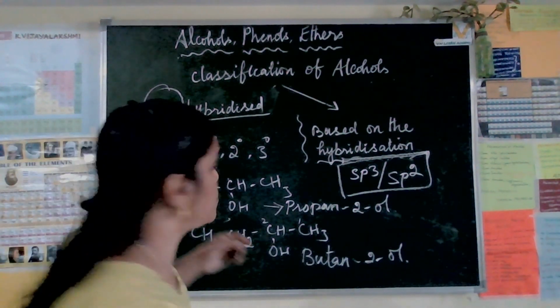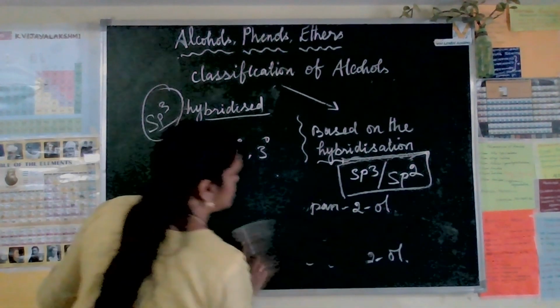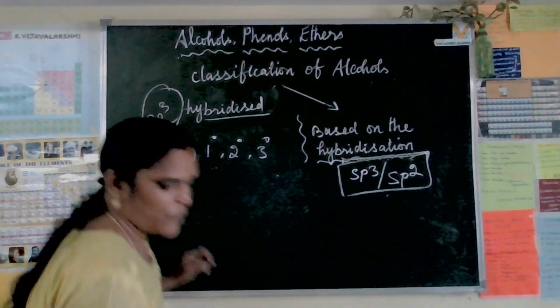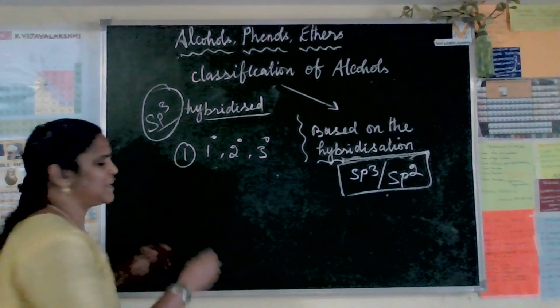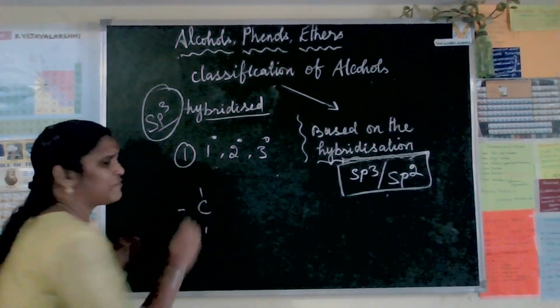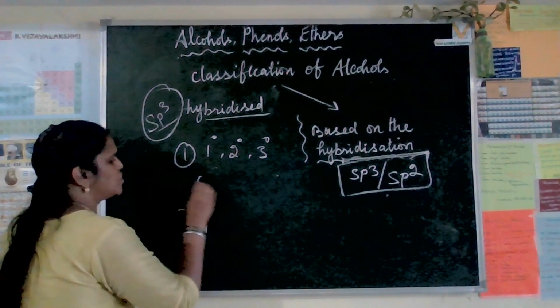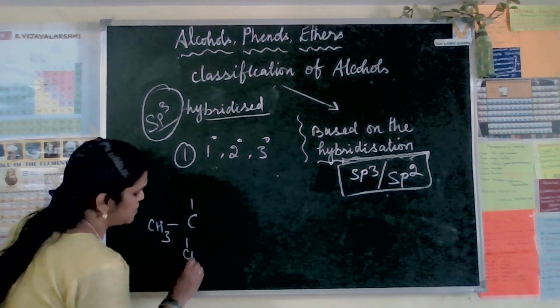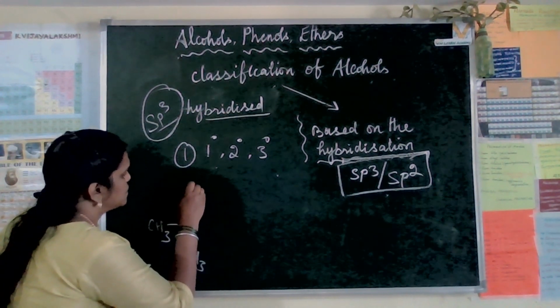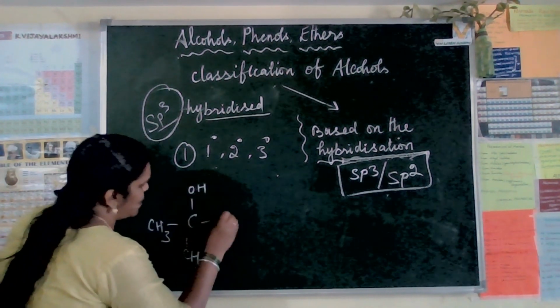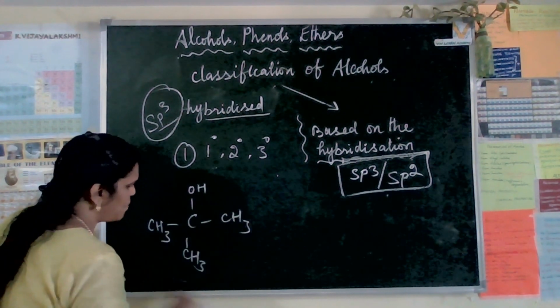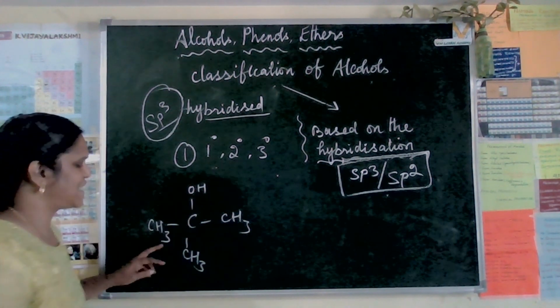Okay, now next one, tertiary. How can you recognize tertiary? It's very simple. One carbon is attached to bulkier groups, as you have mentioned a number of times in the SN1 mechanism. So CH3 here, OH here, and I put CH3 here. All bulkier groups, with one OH attached over here.